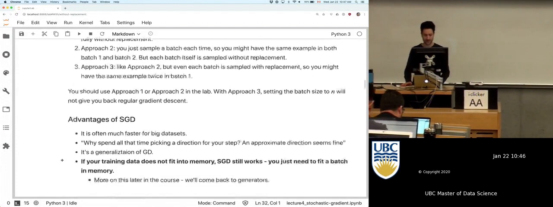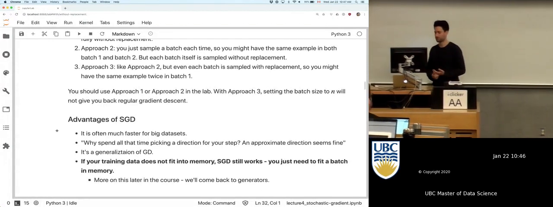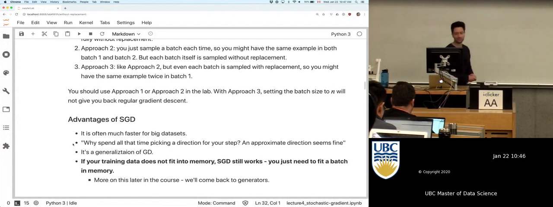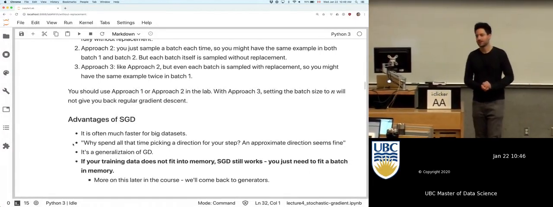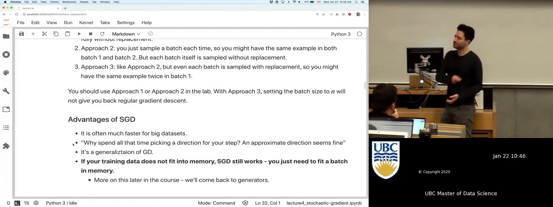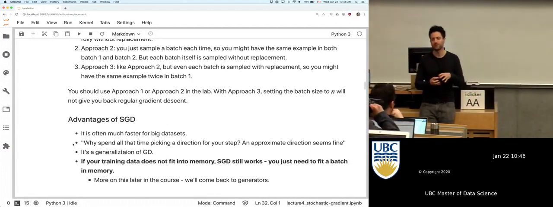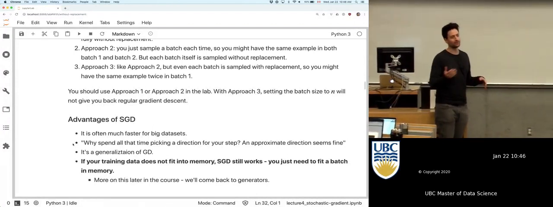Okay. So advantages. Why are we doing this to ourselves in the first place? So it's really about big data. And I would turn this question on its head and say, why would you ever do gradient descent? That seems like a ridiculous idea, to spend all that time looping over all those millions of training examples just to perfectly pick your direction for one little step and then do all that work again, right?